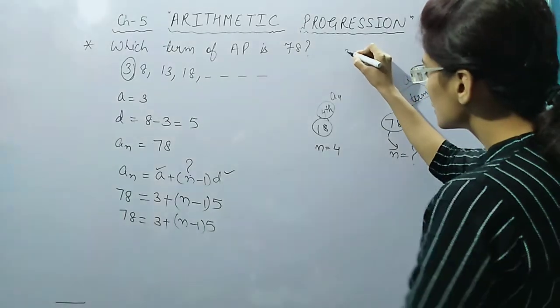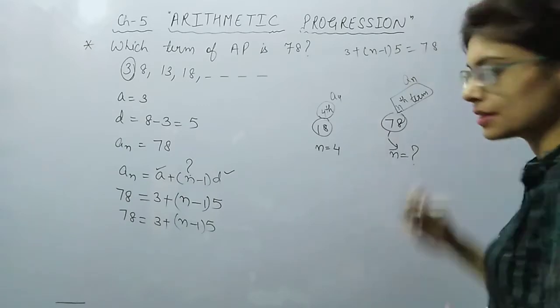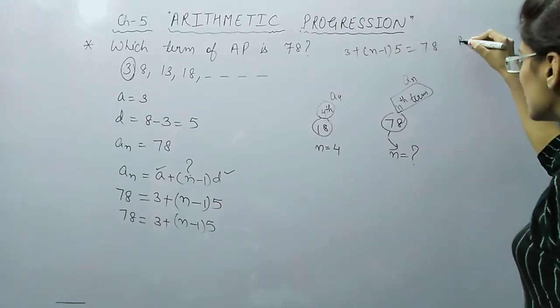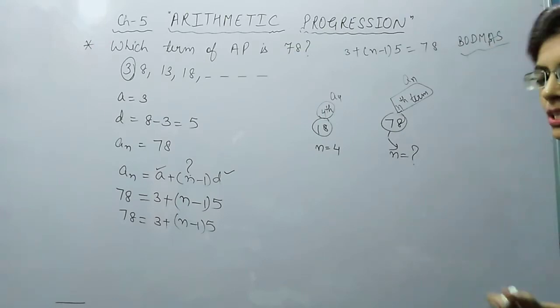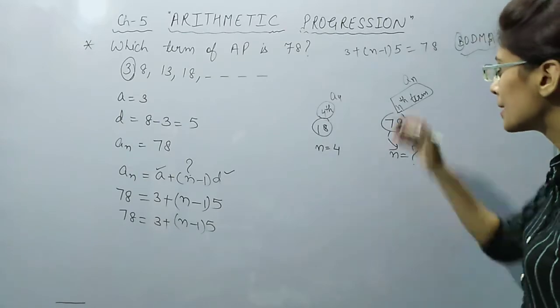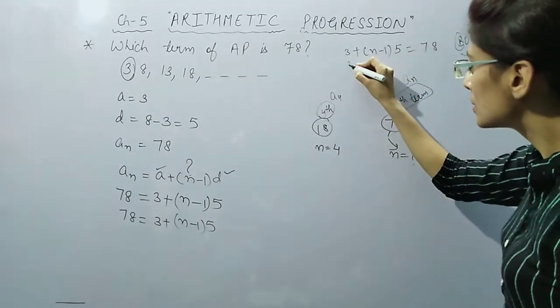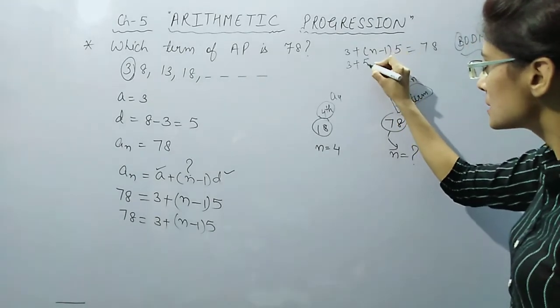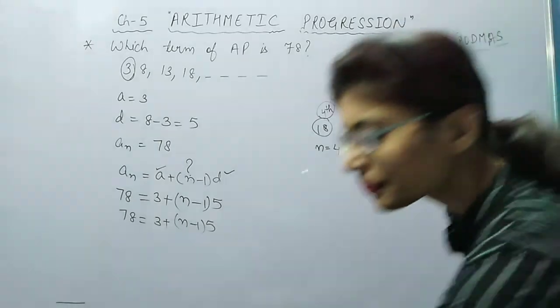We get 3 + (n - 1) × 5 = 78. Then follow the rules of BODMAS. The first step is to open the bracket, since n - 1 cannot be solved. So 3 + 5n - 5 = 78.